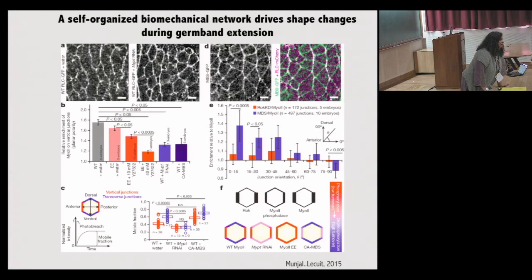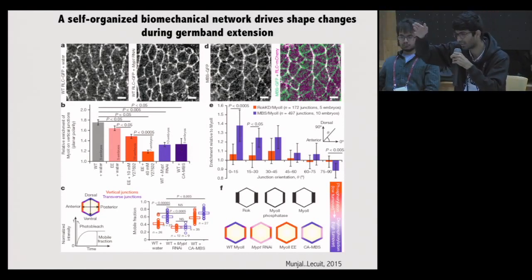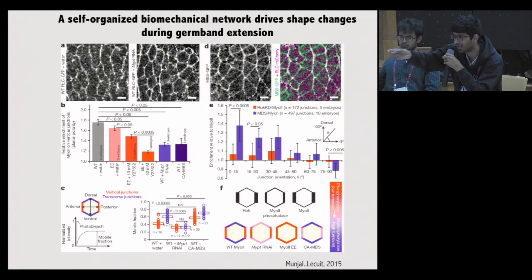So I was confused. You said that stretching can act as a trigger between the two axes, telling which orientation of the interface is getting myosin predominantly enriched. So is it that the myosin being deposited there, the increase in contractility, causes the tension, or is it the tension which causes the myosin to get polarized in that interface?